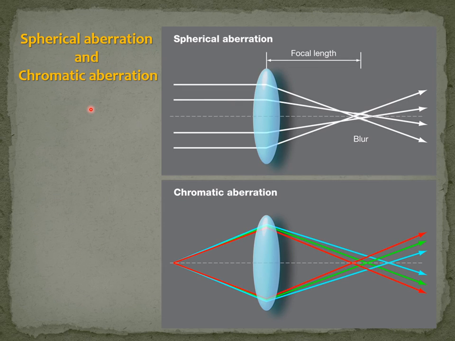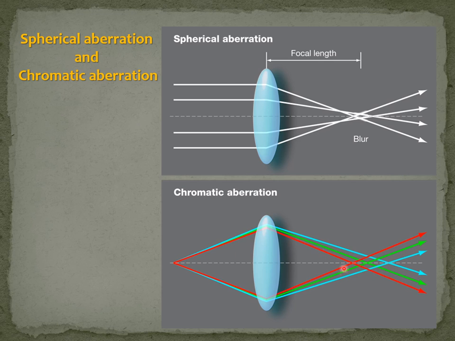A different aberration from the spherical aberration I just described is what we call chromatic aberration. These rays can all be blue rays, so we will have a dispersion of rays instead of focusing on one spot. But imagine that the incident light was composed of three different wavelengths: the blue, the green, and the red.